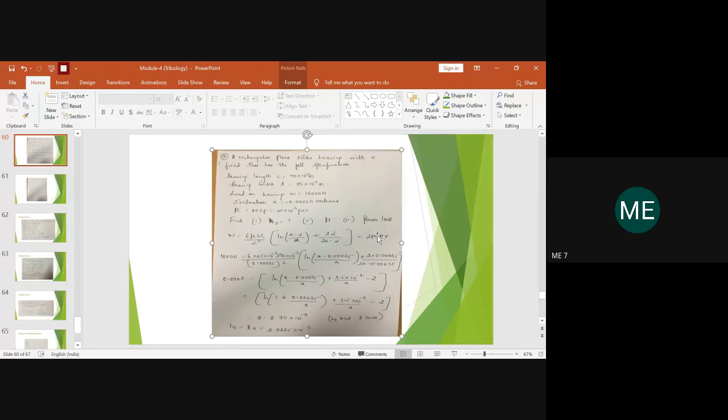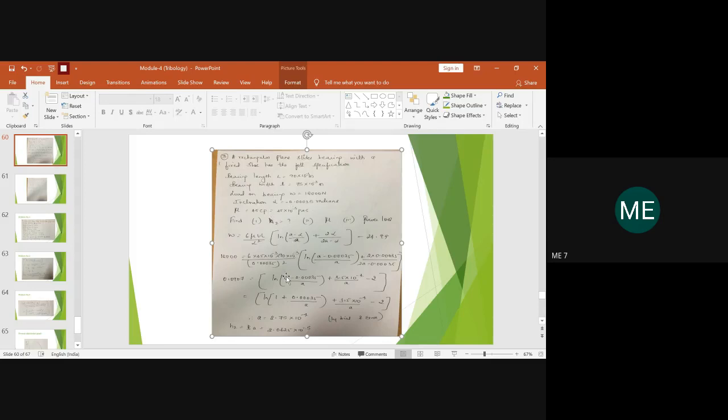Why are we going for this? In the load bearing capacity equation, we know all the other parameters apart from A. You have the load bearing capacity value as 18,000 Newton, and the viscosity of the lubricant is given as 45 centipoise. The slider velocity value is also given. What is it?